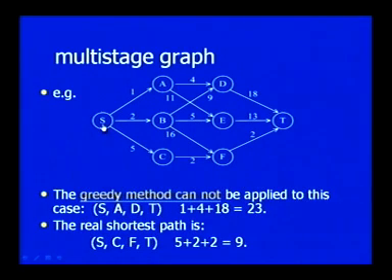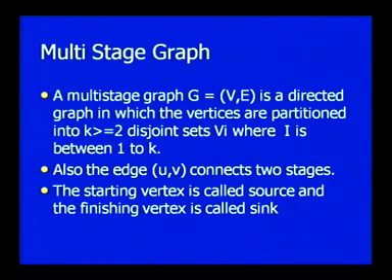So, this is the first vertex, which we call the source, and this is the final vertex, which we are going to call the sink. The multi-stage graph is like that only. You can see very well that the graph is partitioned into various disjoint sets. In the graph that I had shown, the vertices are partitioned into 4 stages.